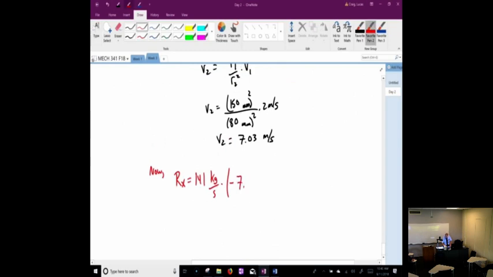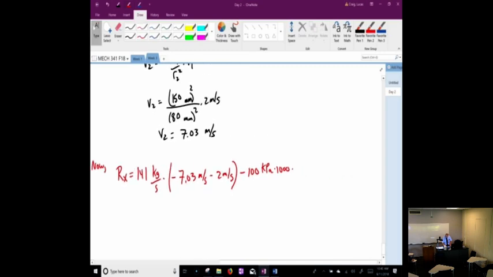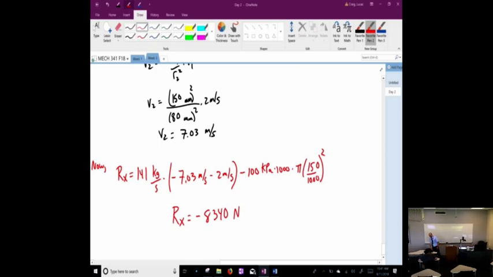And then plus P1, which is 100 kilopascals times 1,000 times the area. That area is pi times 150 divided by 1,000 squared. Hopefully it should come out to be negative 8340 or something like that. That's what they have. Comes to negative 9.